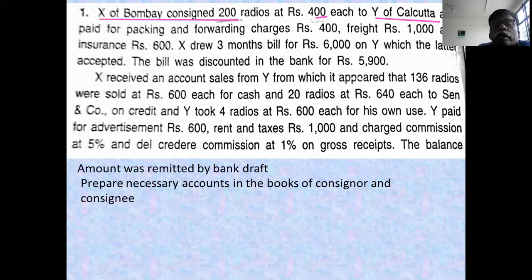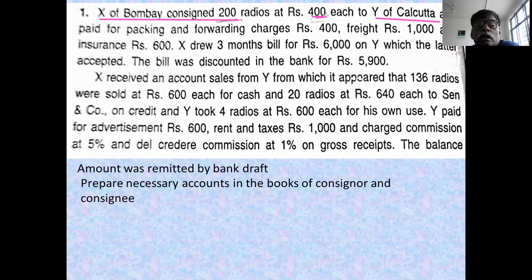Mr. X of Bombay consigned 200 radios, and the cost of each radio is 400. If you multiply these two, you will get the total cost.